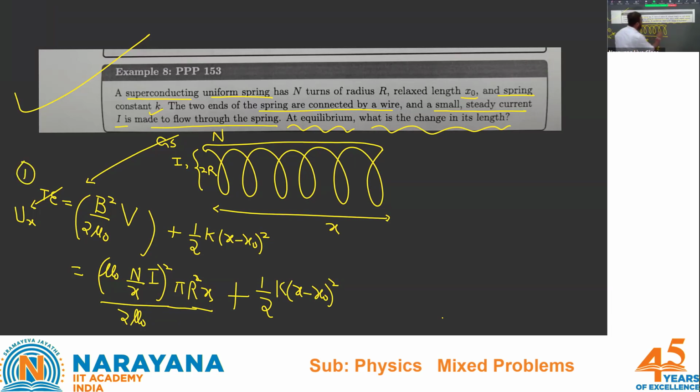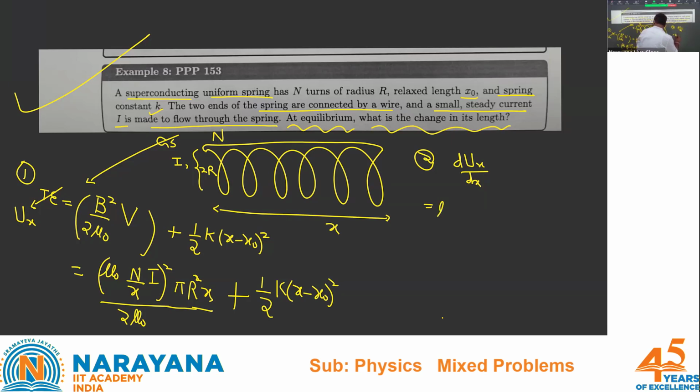I want to write the expression of dU by dx. I want to see this general expression. dU by dx. Differentiate karna. What is that you are getting?